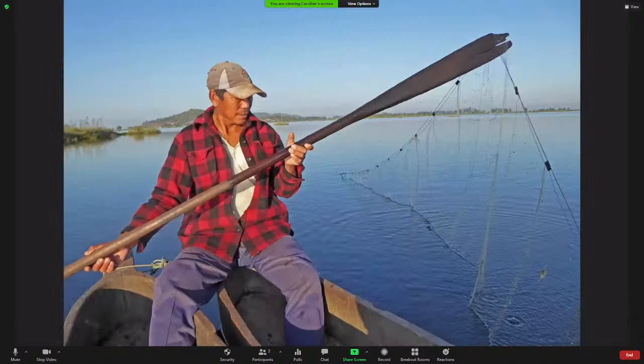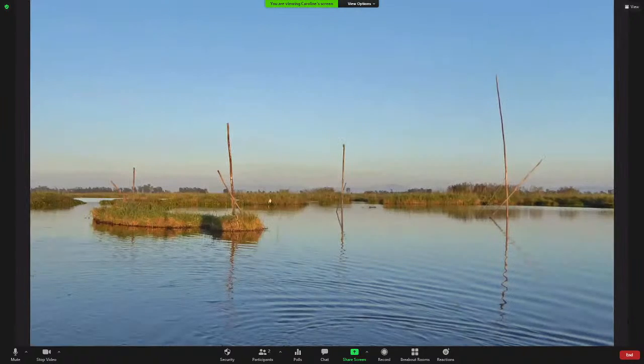So the host took us out on his boat and explained how the fishing in the lake worked. There are nets laid everywhere, and circles of floating vegetation are sort of formed.